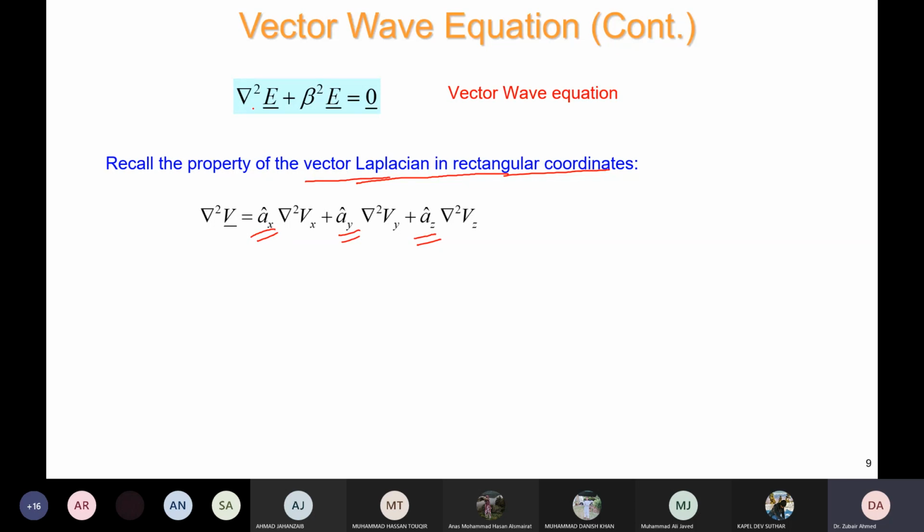So basically, this single equation is equivalent to how many equations? This is a vector equation, and it is equivalent to three scalar equations. In fact, this equation is equal to these three scalar wave equations.